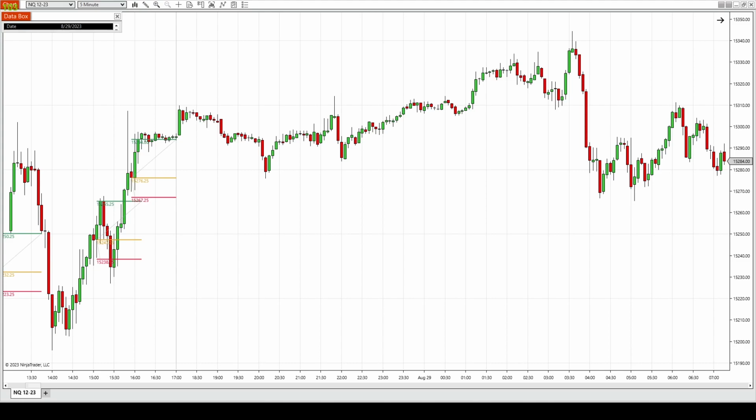And then as far as the entry criteria, the body of the direction that we plan to trade, of that prior candle, it has to be at least an $8 candle. At least. If it's not an $8 candle, then there has to be some kind of consolidation in which the candles are small, so then we get a push in that direction.